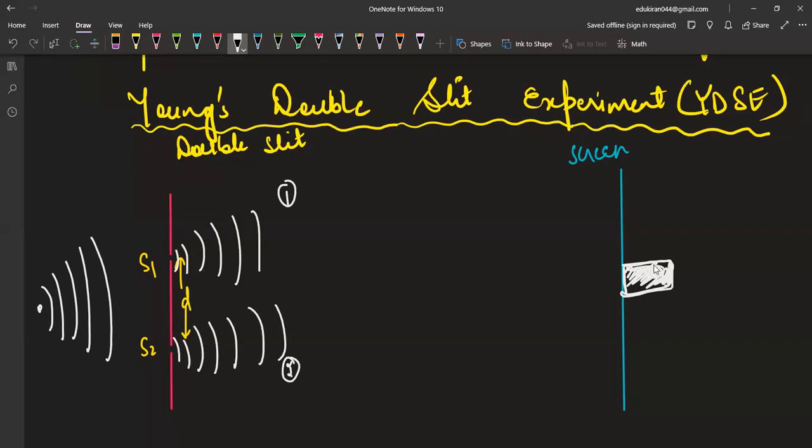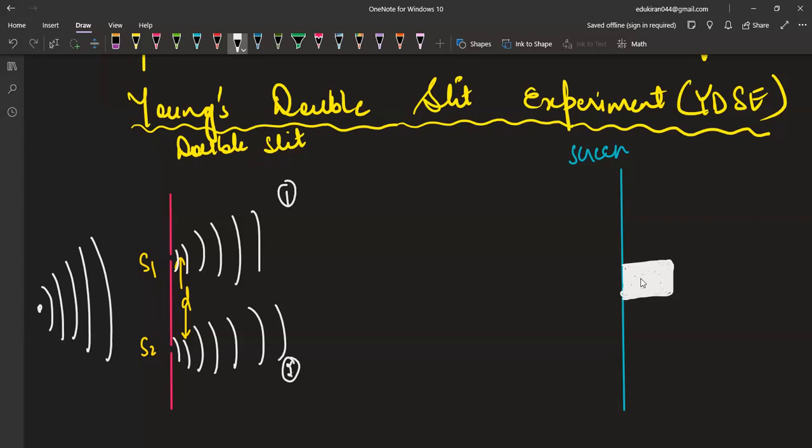In the center of the screen, you will observe one very bright accumulation due to the superimposition. This wave from the first slit and the second wave from the second slit have superimposed on each other, and they result in fringes. These blocks that are formed are called the fringes.